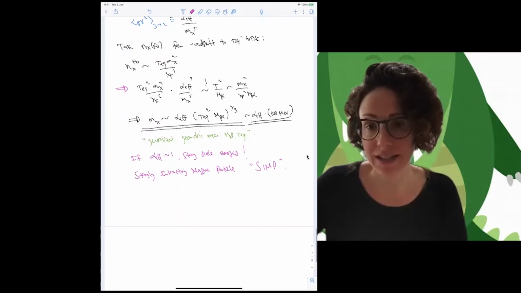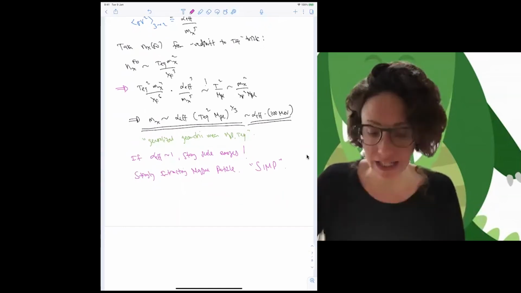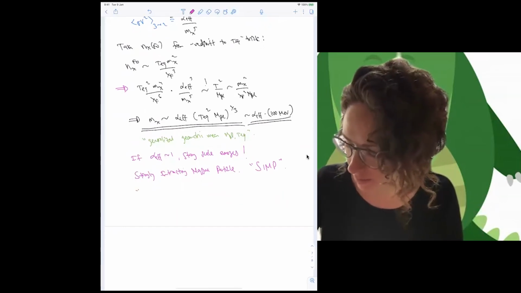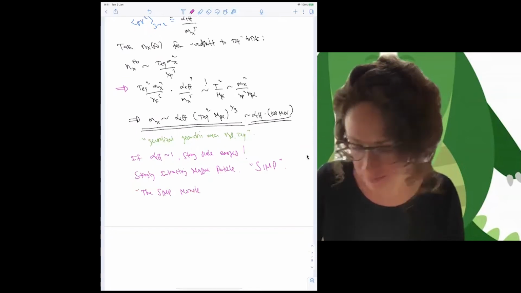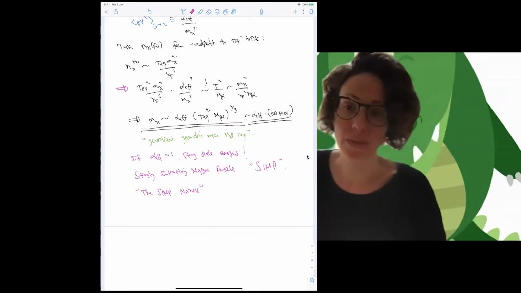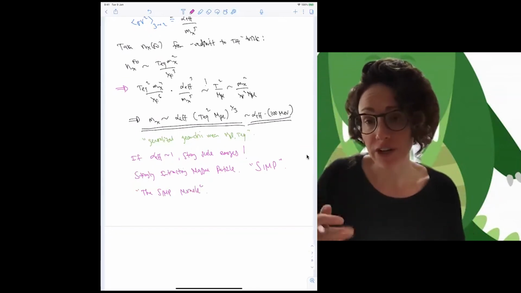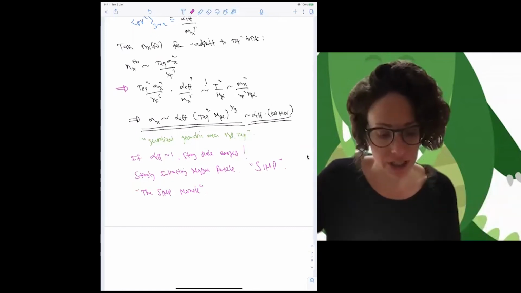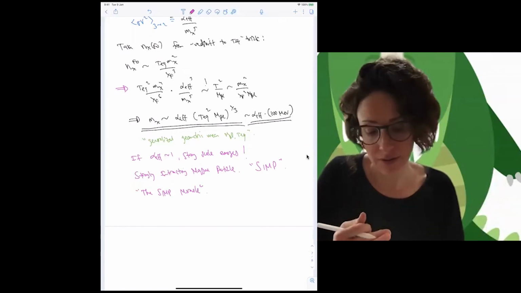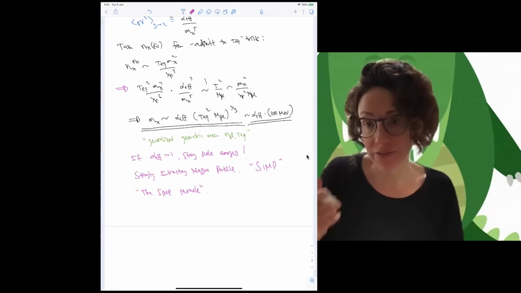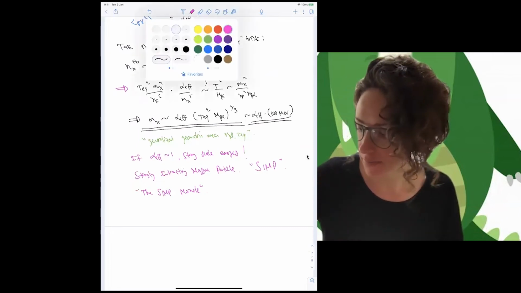And again, this is just a coincidence of scales, but inspired by the WIMP miracle, this is what we call the SIMP miracle, okay? And what you see is that what we have over here is a completely different scaling relationship. We get much lighter masses than the WIMP, and very, very different interactions, okay?